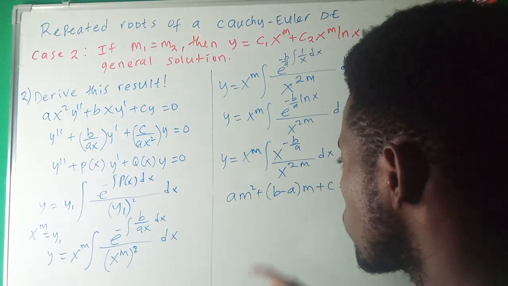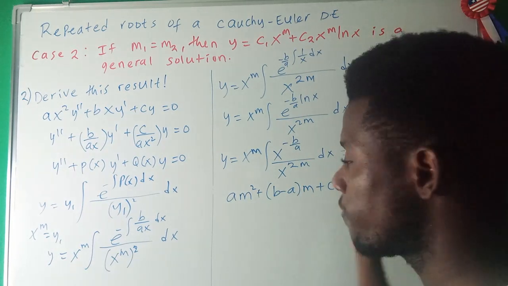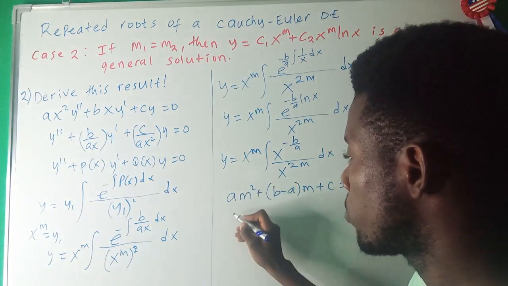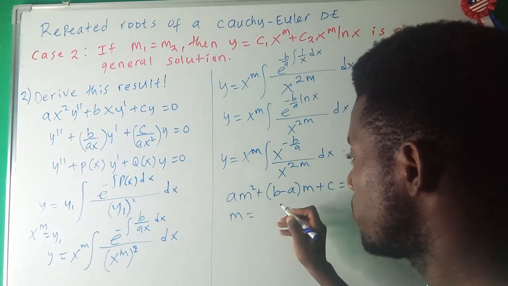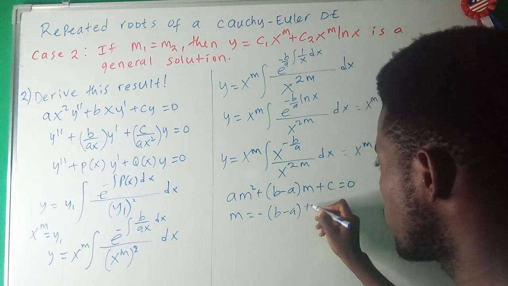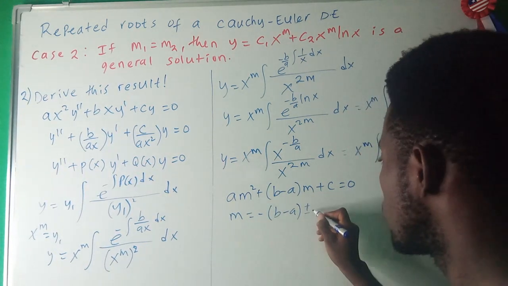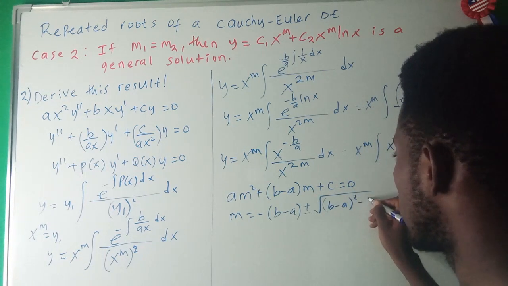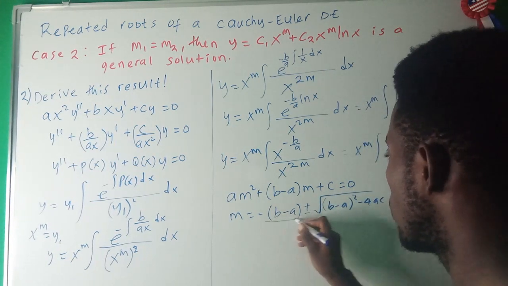So now we have to solve this equation if the roots are repeated. In this case, m is the actual variable, so m equals minus (b minus a) plus or minus, using the quadratic formula, the square root of (b minus a) all squared minus 4ac, all divided by 2a.